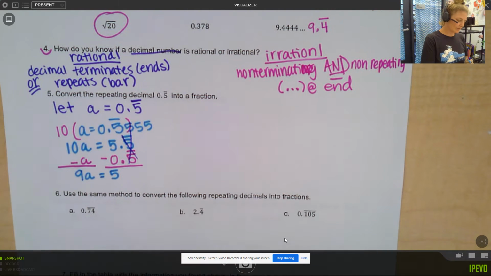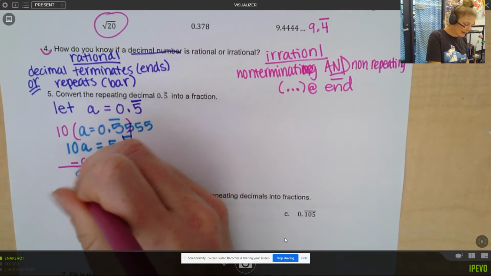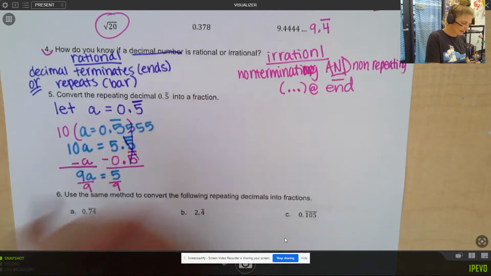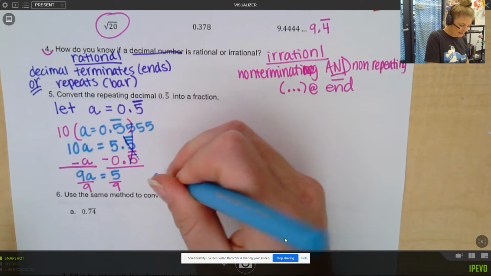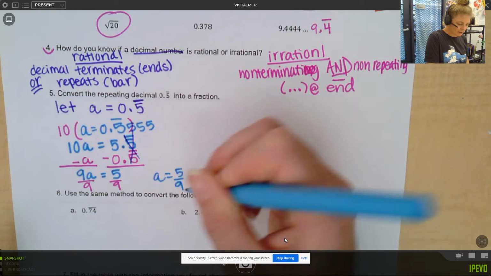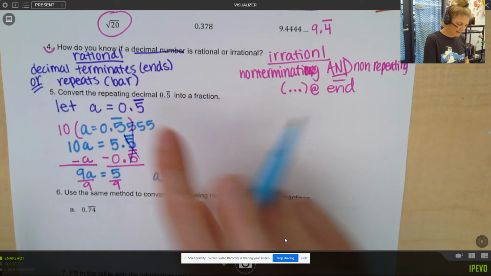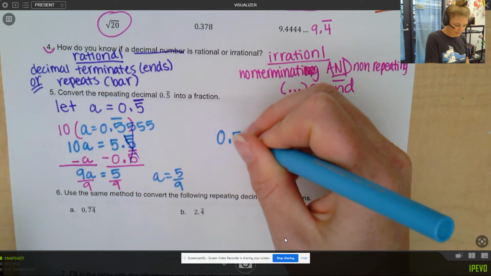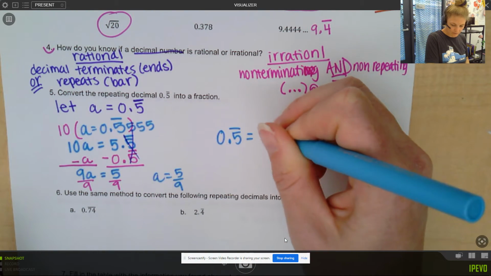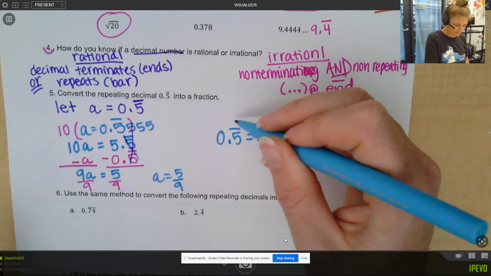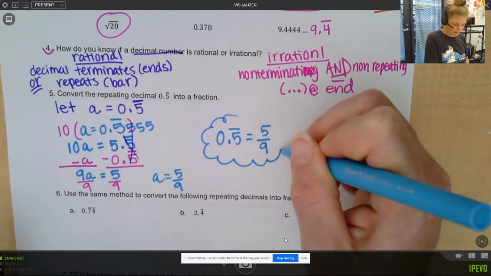Well, a is being multiplied by 9, so let's divide both sides by 9, and we get a equal to 5/9. Very nice. So that tells me that 0.5 repeating is also equal to 5/9. And that's your final answer.